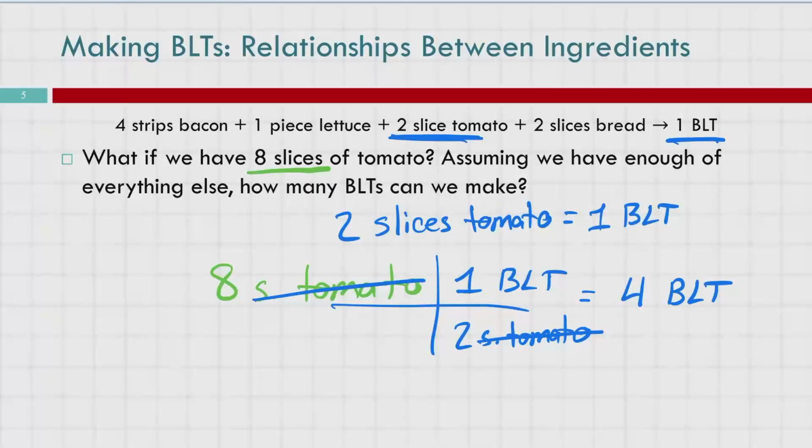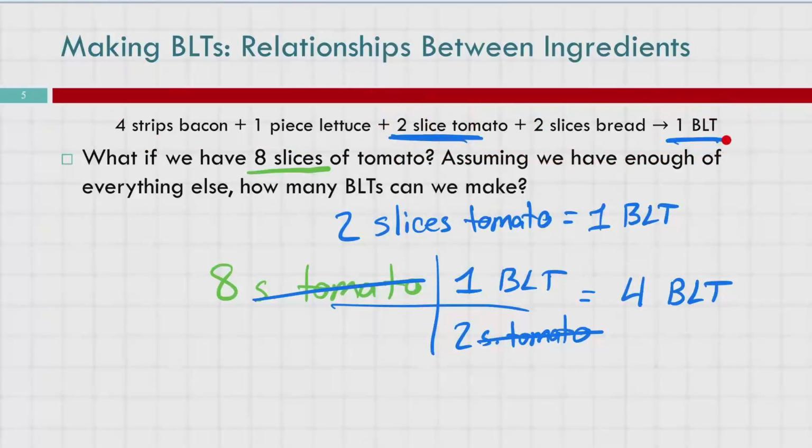Is this confusing to anyone? We're just taking the 2 things that we care about. It's not always going to be one of our products. Sometimes it'll be 2 reactants, sometimes it'll be 2 products. Just the 2 things that we care about. Our recipe here is like our balanced chemical equation.